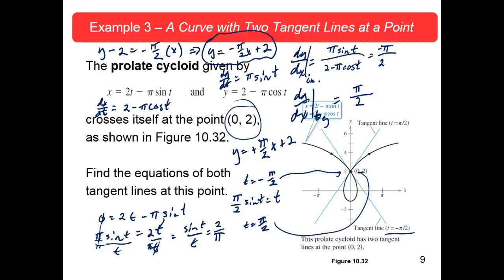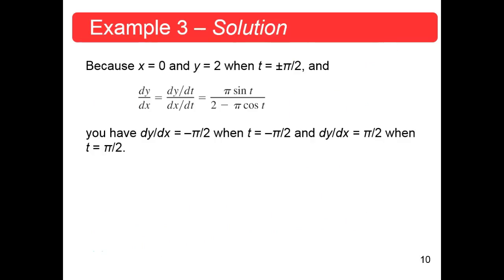Now, let's see if they came up with a better way than just trial and error in finding those t's. So I think I'll just go to a new slide. Oh, yeah, there it is. Because x equals 0 and y is equal to 2 when t is equal to plus or minus pi halves. No, they didn't. Okay?